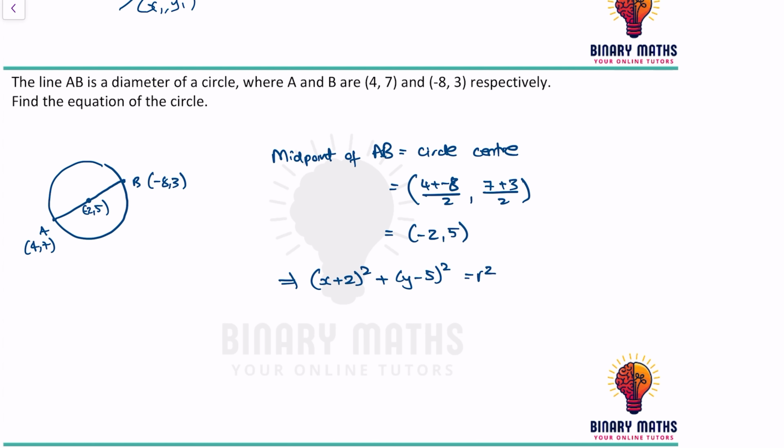Now if I want to work out r, I just need to work out the distance between either the circle center and B or the circle center and A, depending on which one you want to look at.